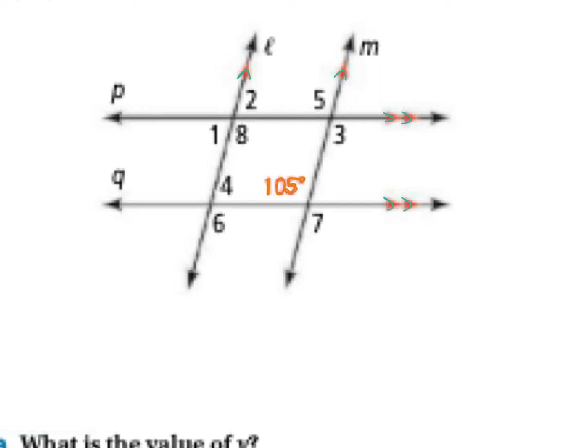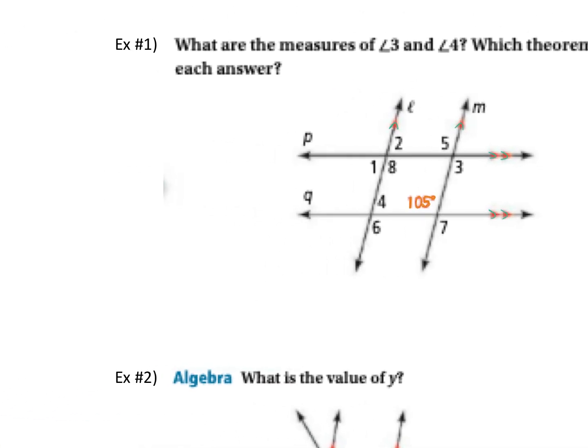Notice that they marked the lines are parallel, right? That's what those little arrows mean, that the lines are parallel. If the lines are parallel, here's your little cheat sheet. Same side interiors are supplementary, so they're going to equal 180.